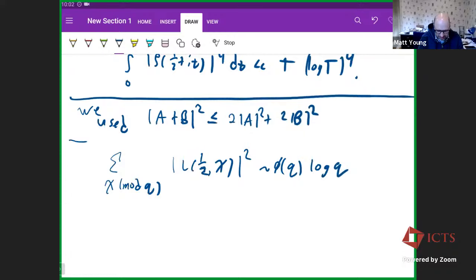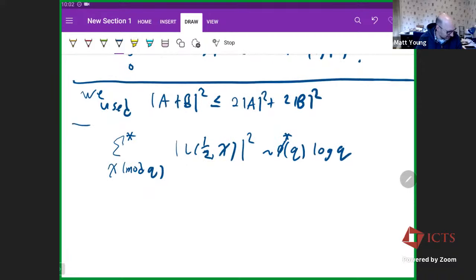Maybe really what I should do is primitive characters, and then phi star of q would be the number of primitive characters, but never mind, these are side comments. So it is possible to get an asymptotic formula for the second moment of Dirichlet functions, but you can't use the same method of proof. You have to work harder.